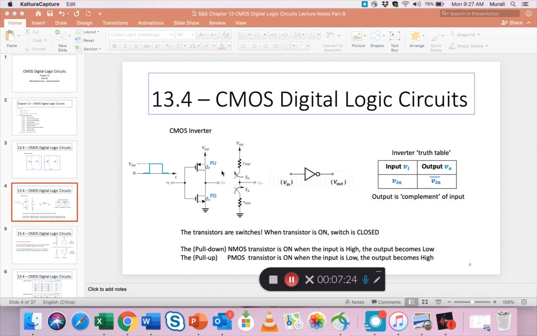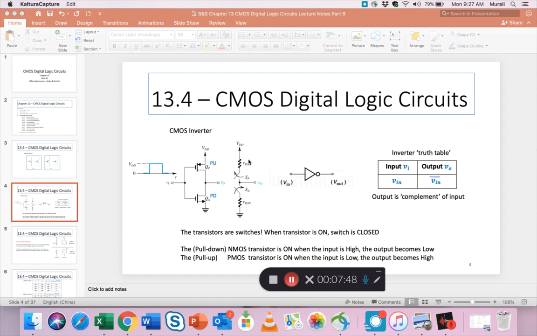This business of having a CMOS connected this way is basically so that when we have a high on the input, the output goes low. The output comes out here, between the two gates, and that goes low. Similarly, when the input is low, the output should be high, and that is basic inverter behavior, right?